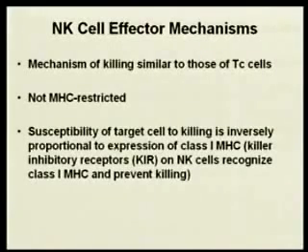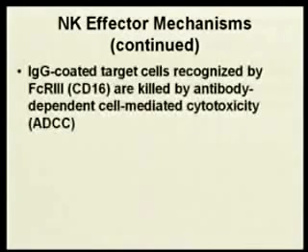Turns out this is important because a lot of times viruses or different tumors can lose expression of MHC class 1. That helps NK cells recognize these types of cells. And as I discussed briefly earlier, another method of recognizing and killing the target cells is that a lot of times when antibodies are produced, they'll cover the pathogen. NK cells can come along and recognize the Fc portion of the antibody.